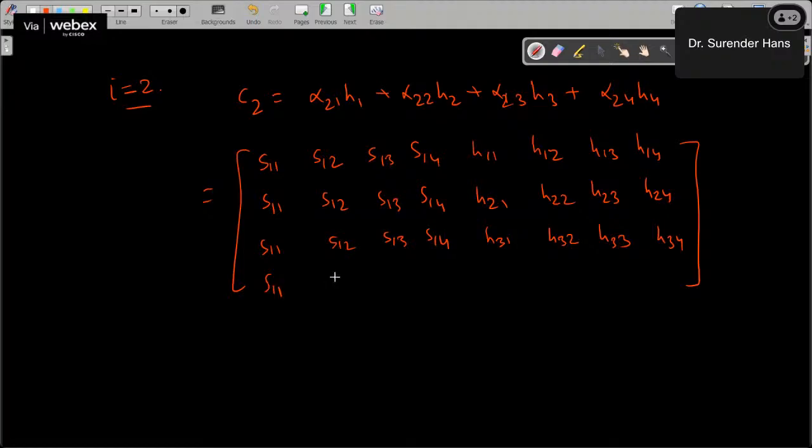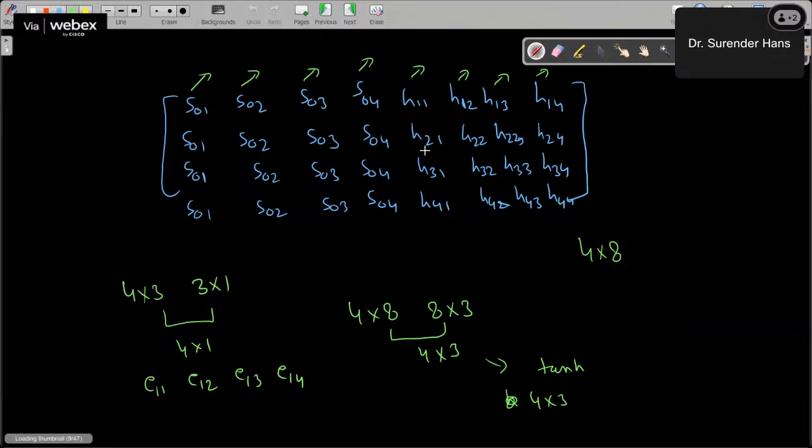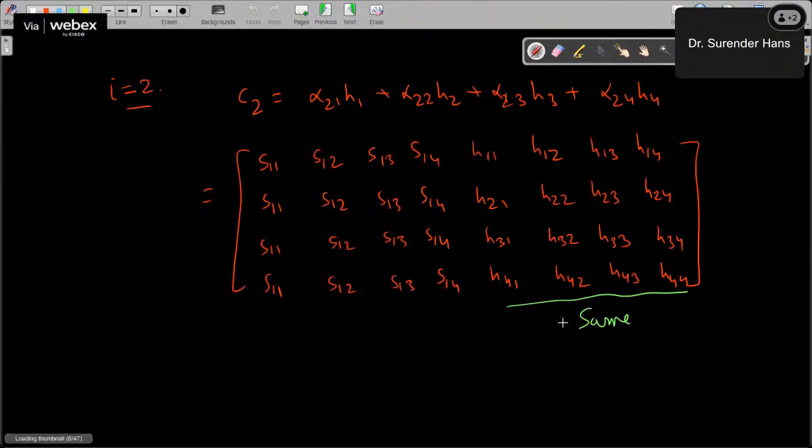Here S11, S12, S13, and S14, and H41, H42, H43, and H44. Okay, so now you see this one is the same. If you compare this to this, the right side is the same.